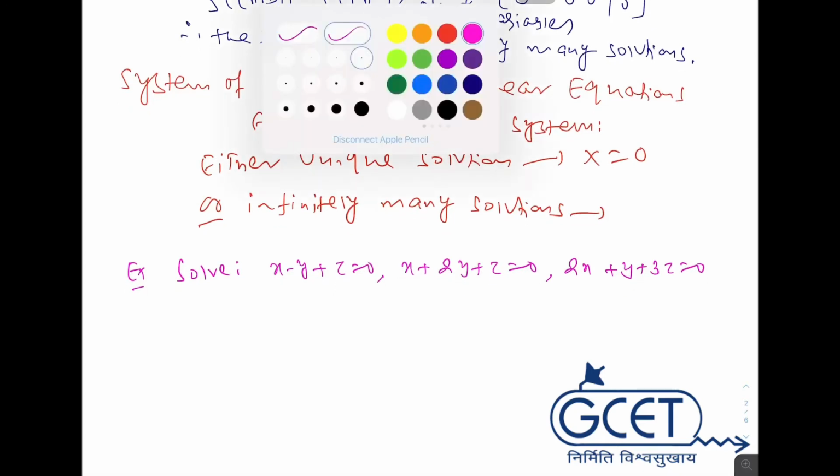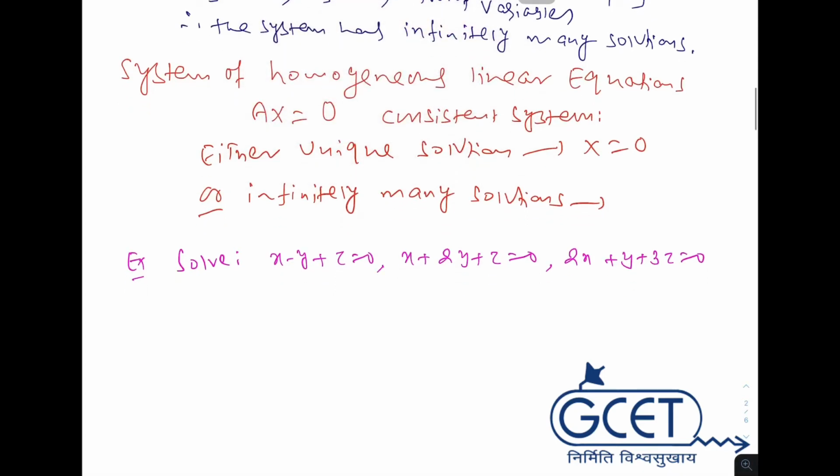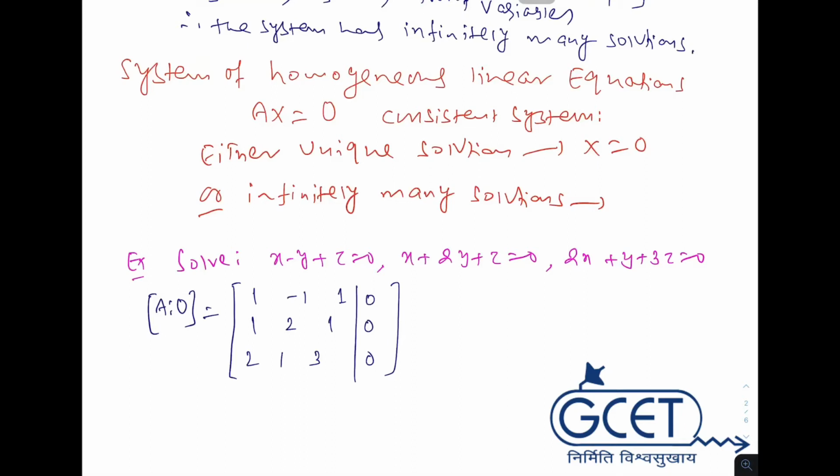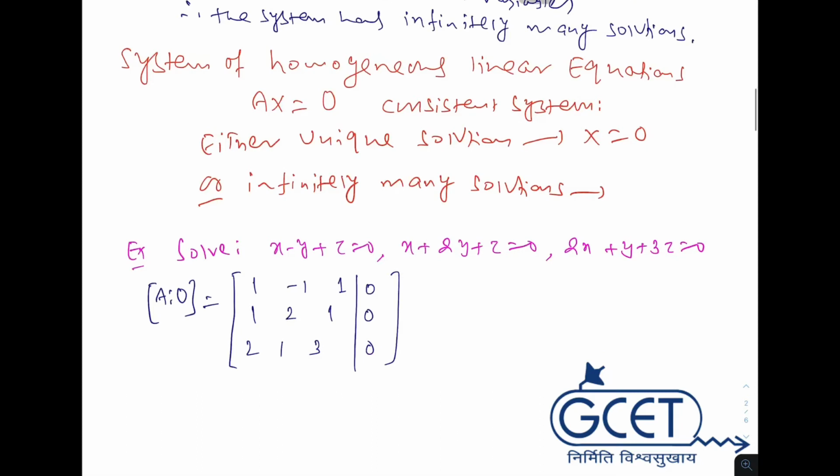So now let us have the augmented matrix. So now here the right side is 0. So this is 1, minus 1, 1 and 0. 1, 2, 1, 0. 2, 1, 3, 0.